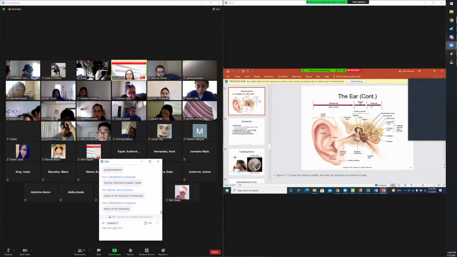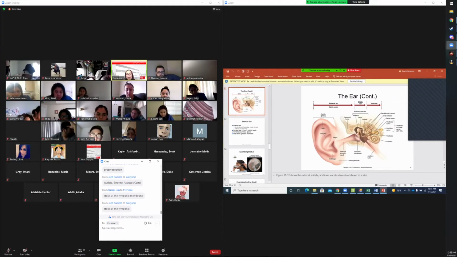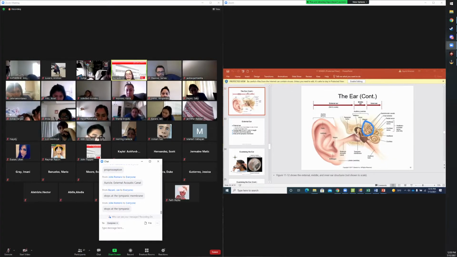The middle ear has the three smallest bones in our body. Remember the MIS, M-I-S? And the inner ear comprises your vestibulocochlear. This part of your ear is already inner ear. This part is for balance, and this part is for hearing.